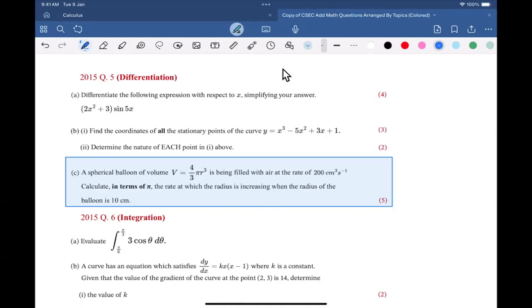Yeah, so that's supposed to be dV/dr. dV/dr is equal to 4 pi r squared. Okay. Nicholas, your working is kind of confusing. dr/dt is equal to, yeah, I'm not really sure what you did there.